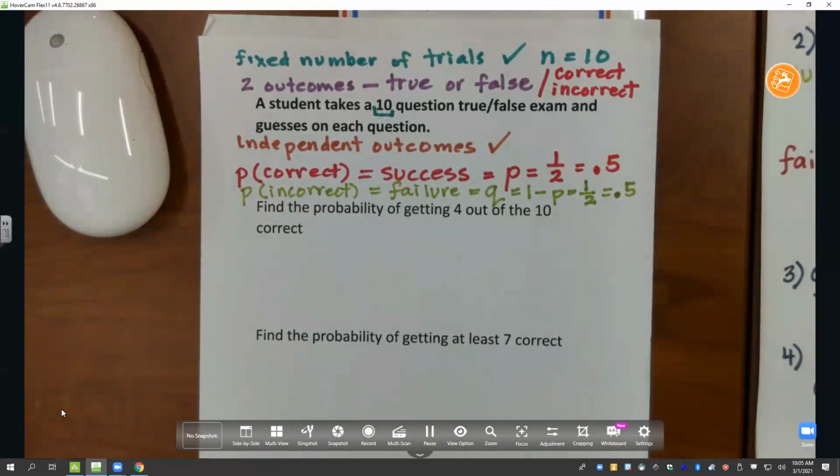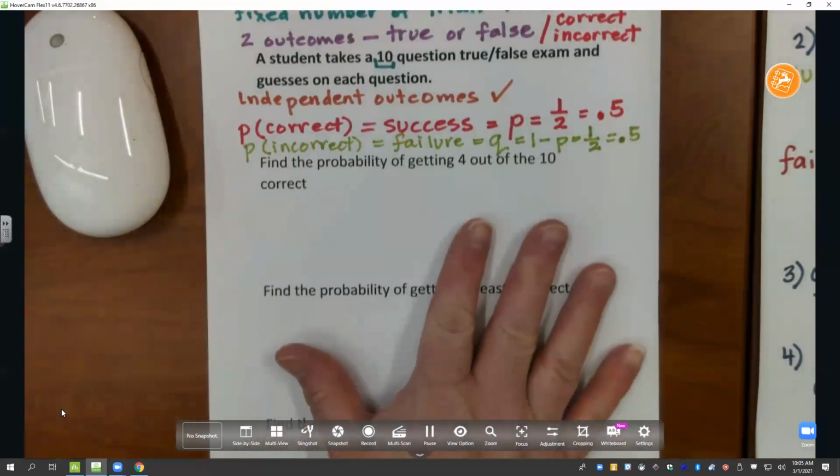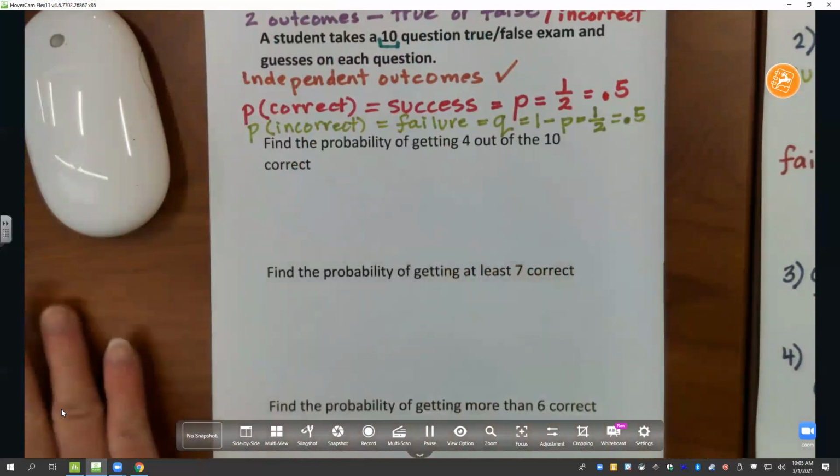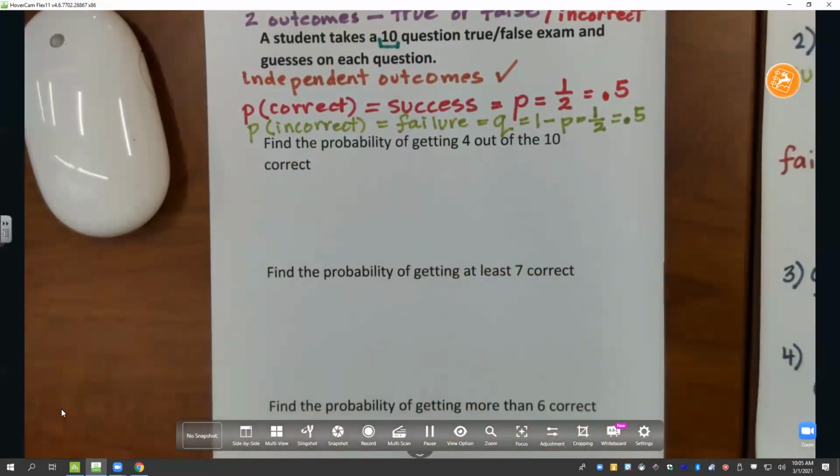Okay, so then we want to find the probability of getting 4 out of the 10 correct. Now, guys, there's a formula that can be used for this. It's very yucky. It's on the PowerPoint, but I suggest you ignore it because Minitab will do the calculations for you, but you have to know how to interpret it.